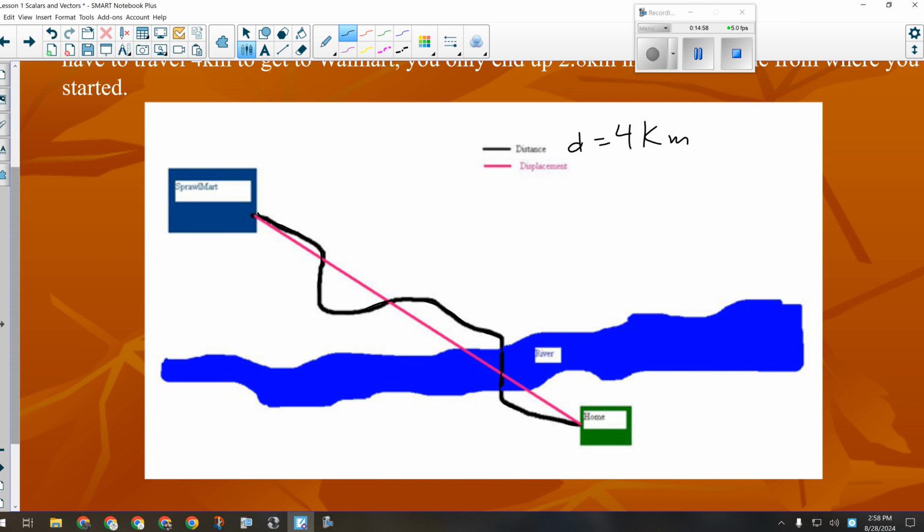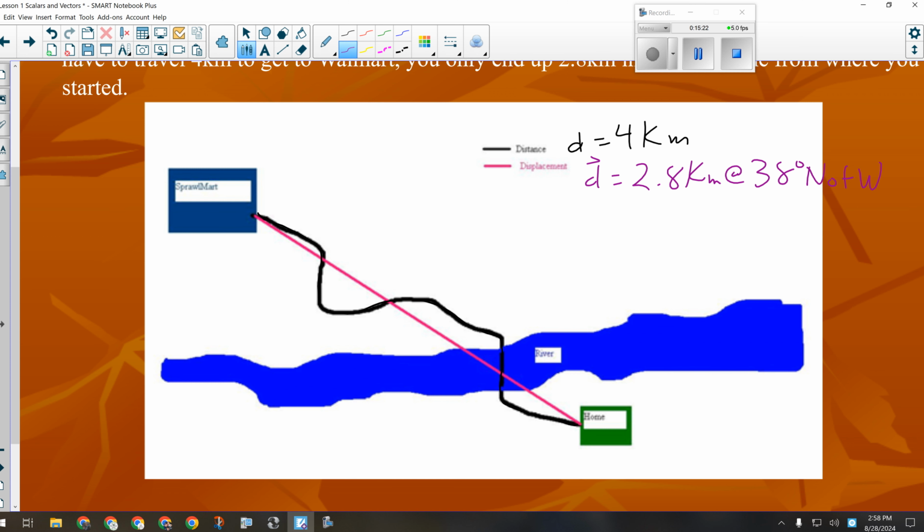All right, so when I get to Walmart, if I put on a map program or something, I'm like, oh, okay, well, it's actually only this far. Let's say that if I was to walk along that line, that my displacement would be 2.8 kilometers at 38 degrees north of west.